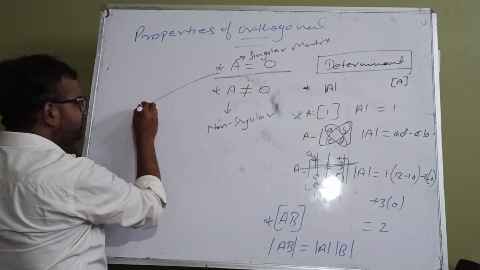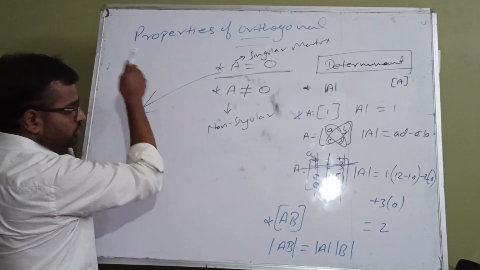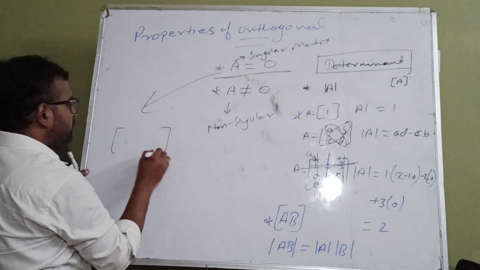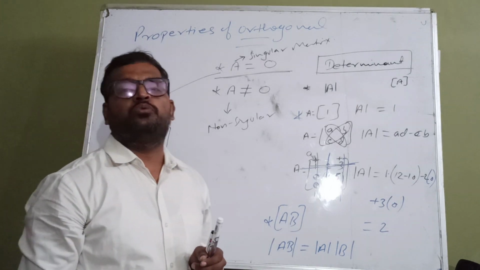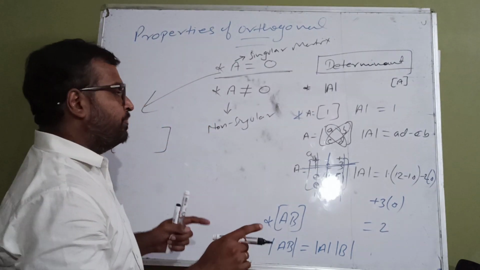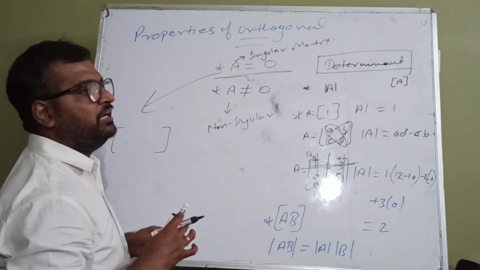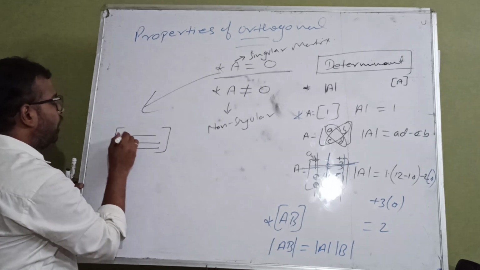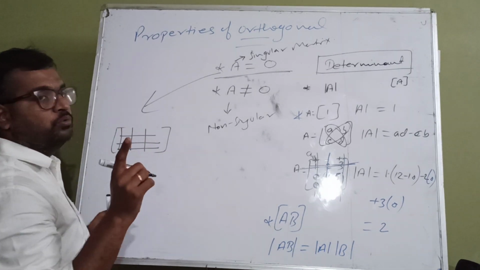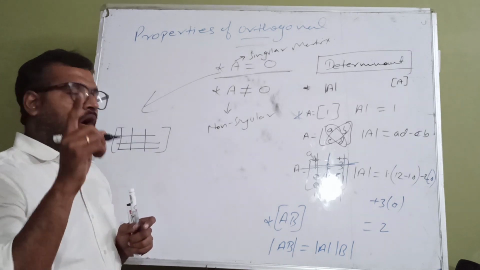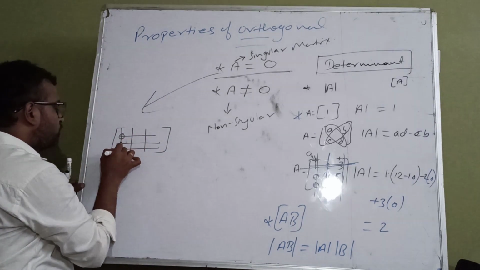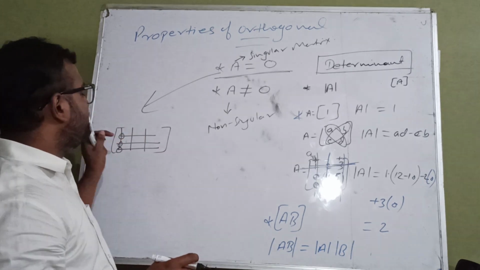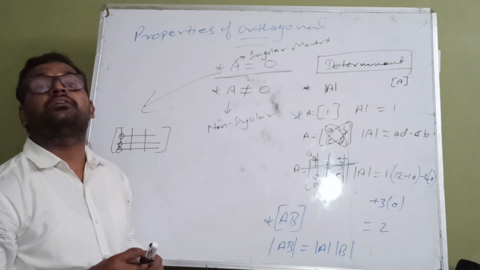I told you one statement: while finding the inverse of a square matrix, if we apply different kinds of elementary operations and we get all the elements of a row or all the elements of a column as 0, then in such a case the inverse of that matrix will not exist.